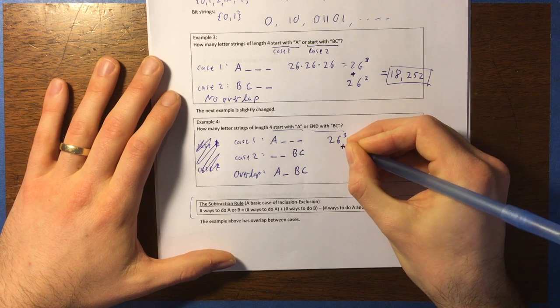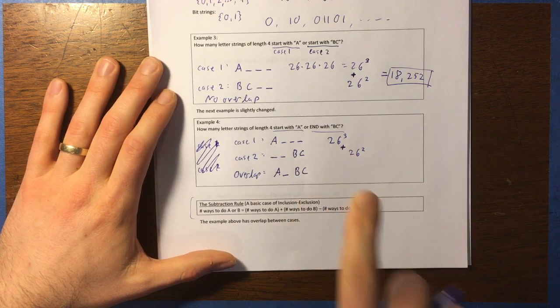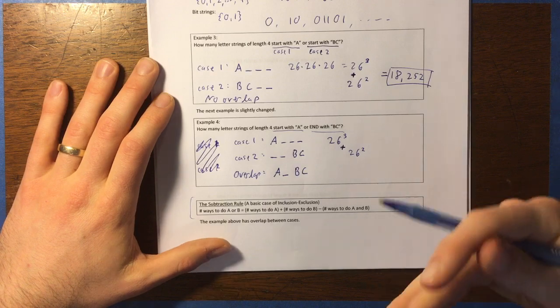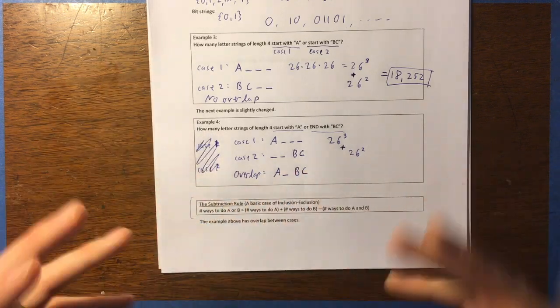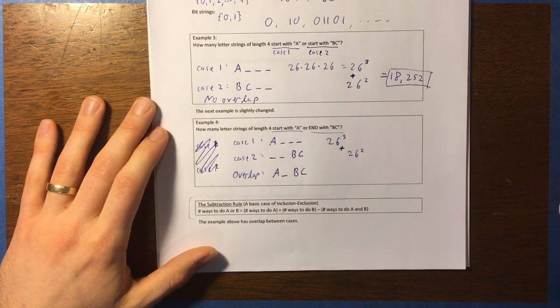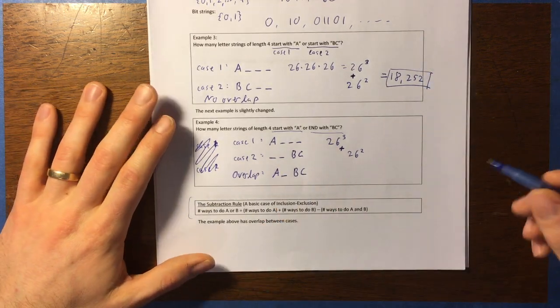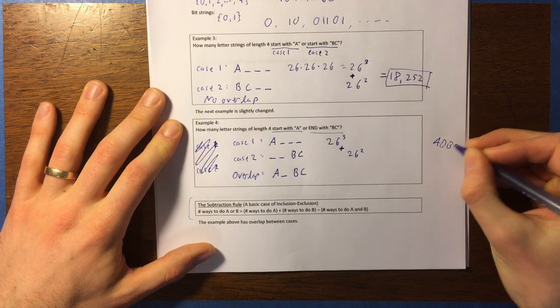But then what's happened is after adding these together, I have overcounted, which means that there are some particular strings that I have counted more than once, right? So for example, the string ADBC.